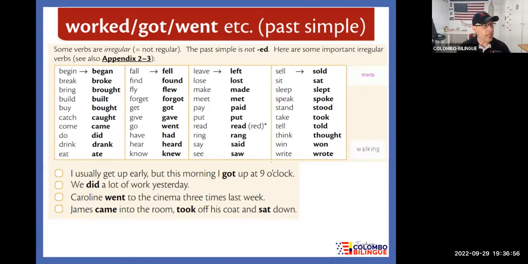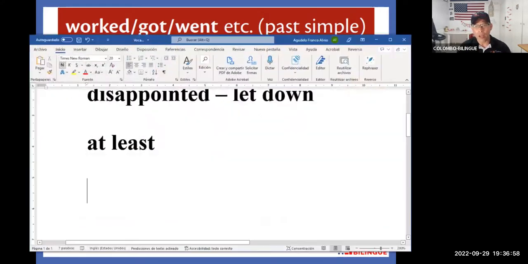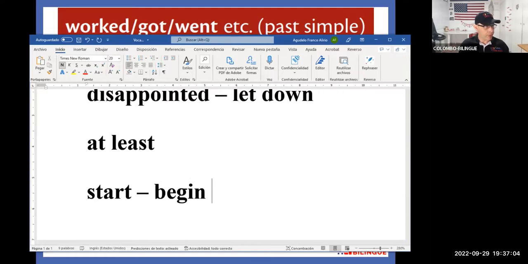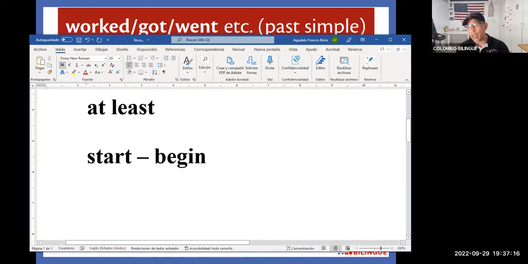Actually, you can say, teacher, start or begin. They are synonyms. You know, hey, excuse me, what time do you start working? Or what time do you begin working? It depends on which one you decide to use. Okay, good. I'm going to go on.